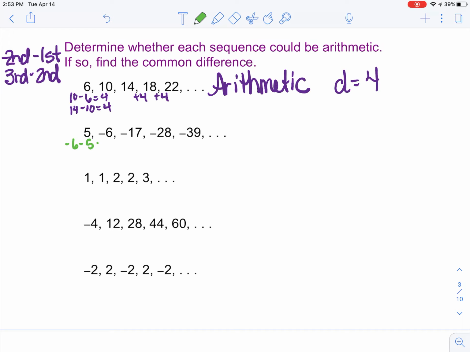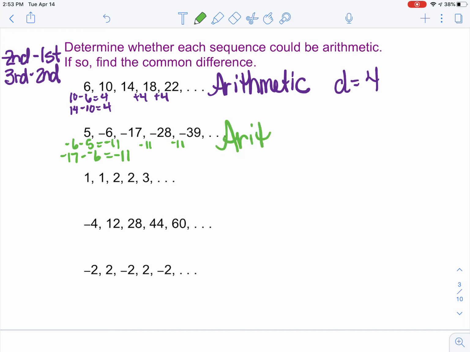So try on this one. Negative 6 minus 5 is negative 11. Negative 17 minus negative 6, minus the negative you have to add, that also gives me negative 11. So am I subtracting 11 from each of these to get the next term?